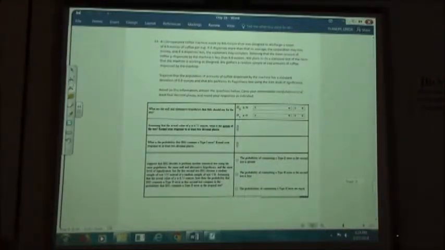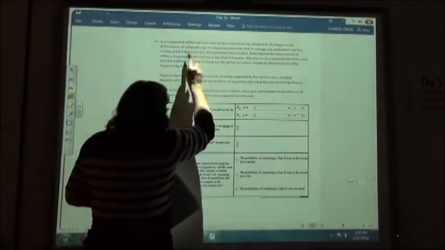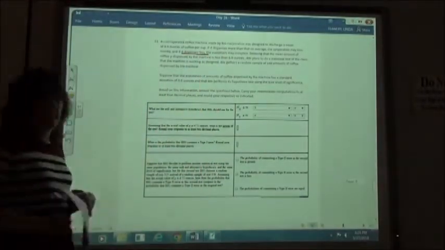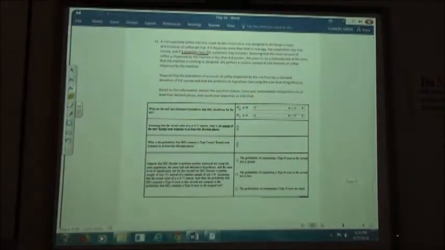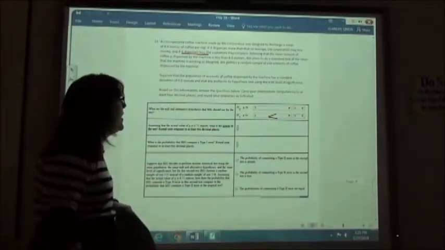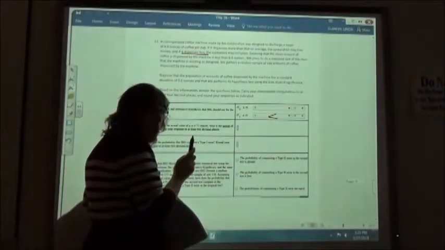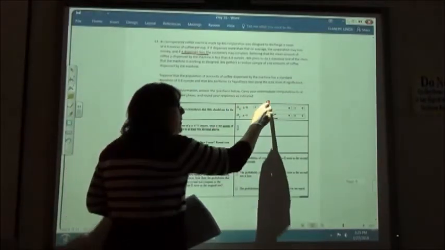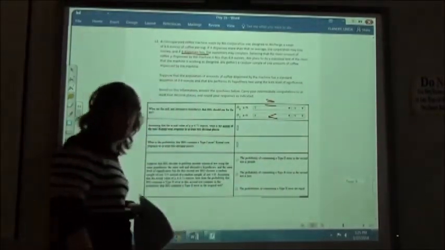So, first thing we have to do is figure out what the null and the alternate hypothesis is. What they believe is that it dispenses less. So again, since less doesn't have an equal sign, the less is my alternate one. That means my null would be greater than or equal to, right?